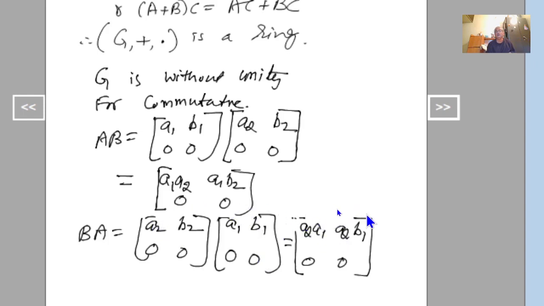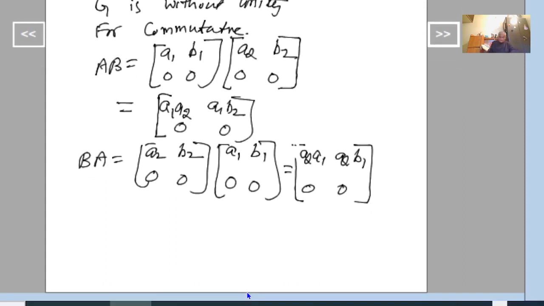So A2 B1 is not equal to A1 B2. Therefore, AB is not equal to BA, which means it is not a commutative ring.